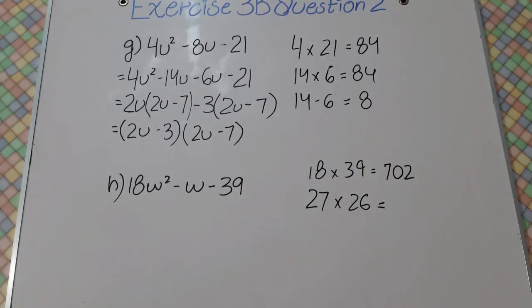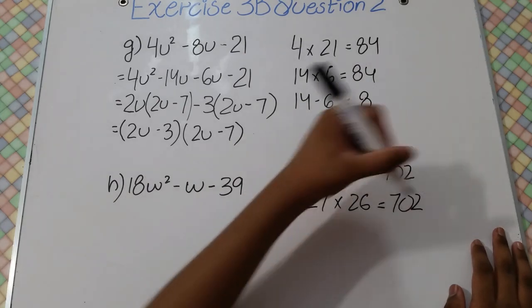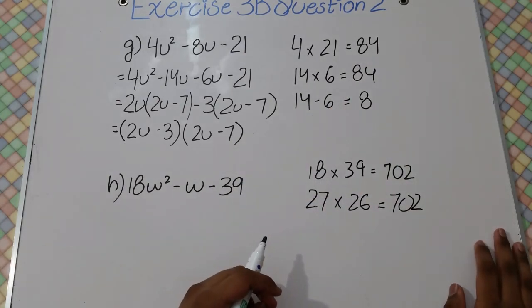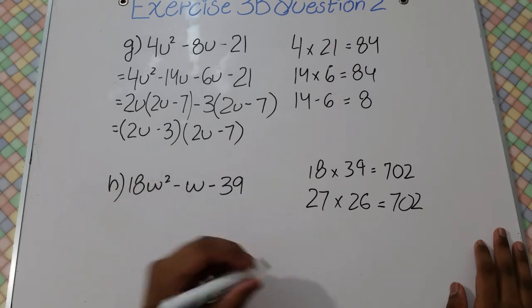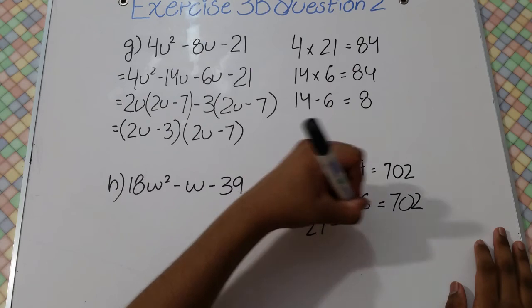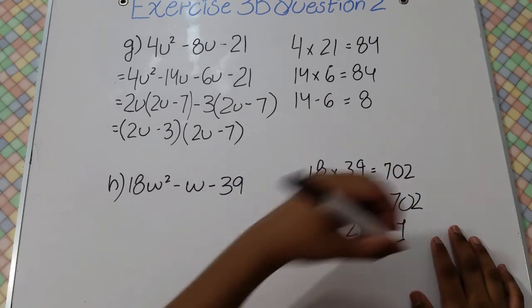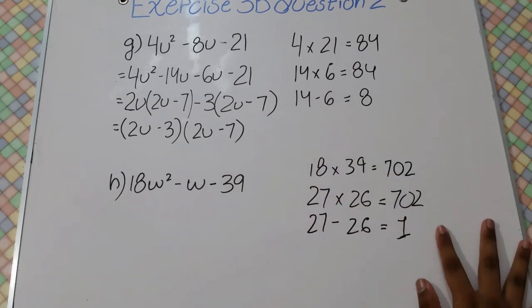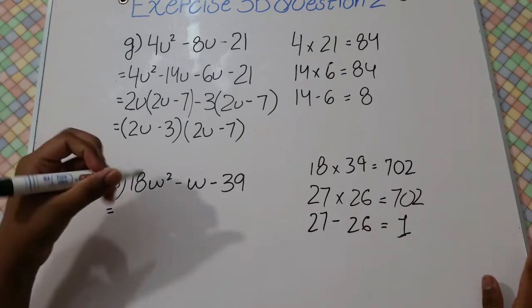So 27 multiplied by 26, it is 702. And then if we just subtract to get 1, because over here they have written w, so it is considered to be 1. So 27 minus 26, it would be 1. Okay, so I think so it's the correct middle term.